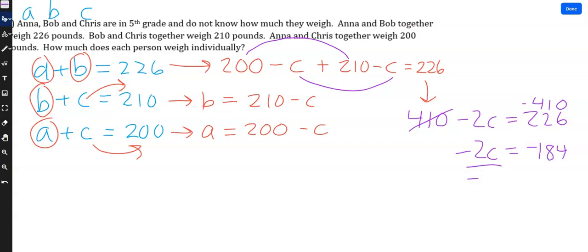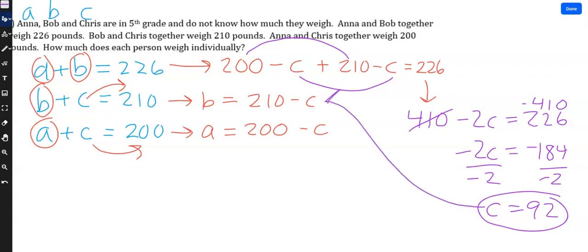And we just figured out the weight of Chris. Chris looks like about 92 pounds. Well, now I can use that and come back up here and find out what Anna and Bob weigh.